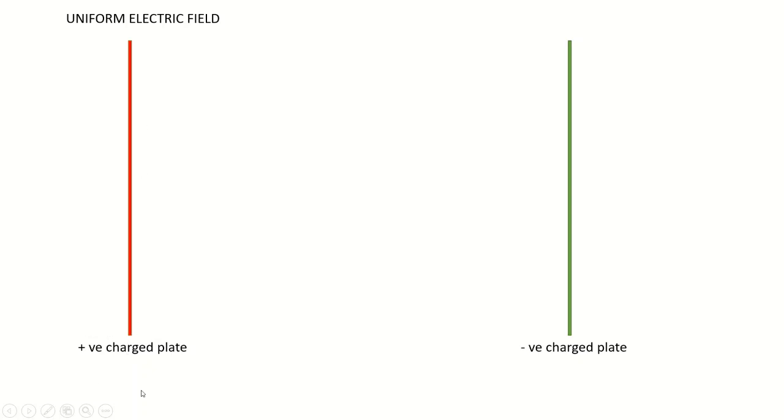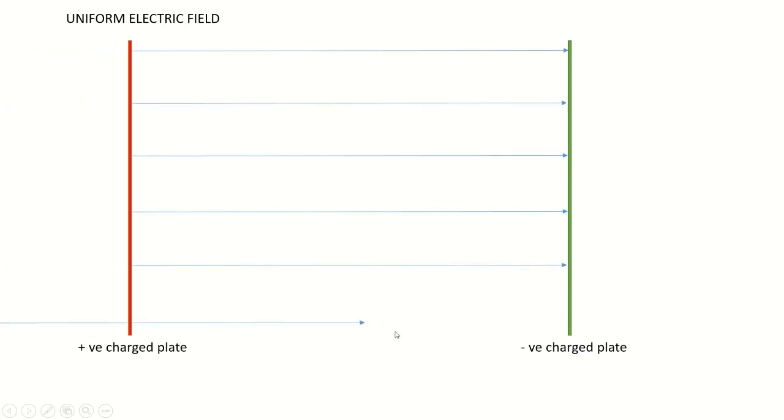So how can it be created? Here we have placed a positively charged plate and a negatively charged plate. When a positively charged plate and a negatively charged plate are placed, the lines of forces originate within these plates, and these lines of forces are the electric field. Slowly you can see the lines of forces go on increasing, which also states that the electric field between these plates is slowly increasing.